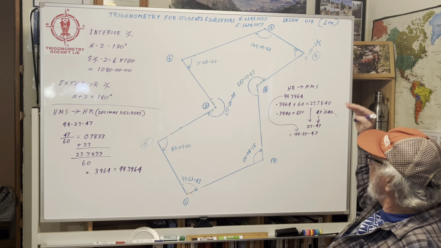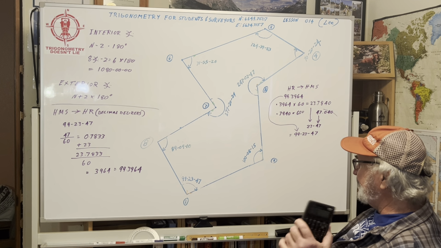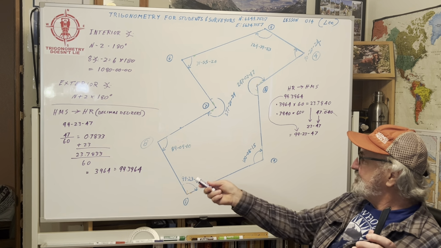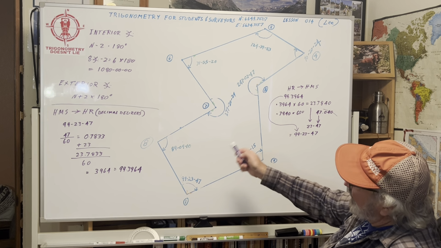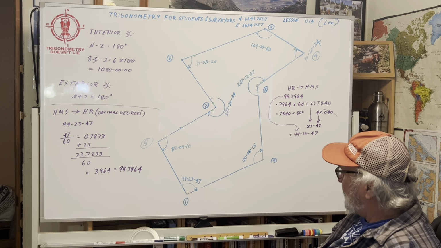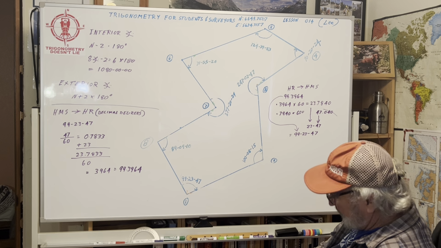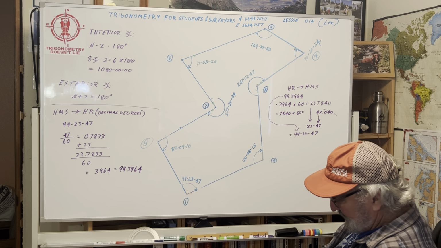So if you don't have that convert factor in your calculator, you can still do this. You can add all these up, reduce them first, then add them all up. All right, so we're going to go do that. We're going to enter 99.2347 and convert.